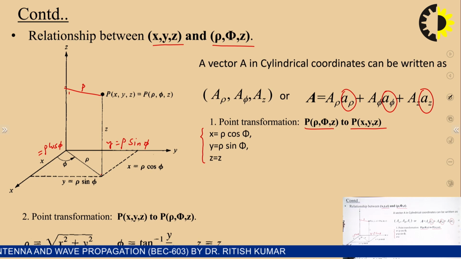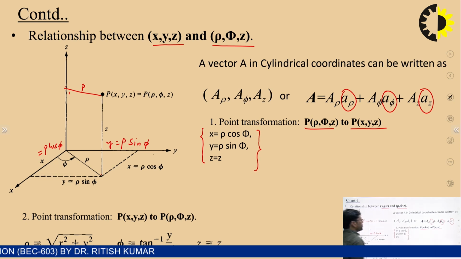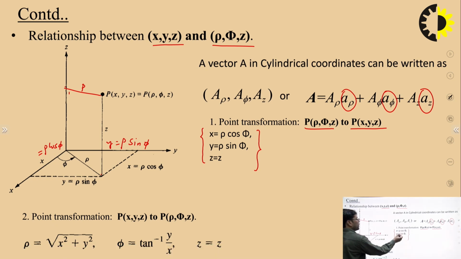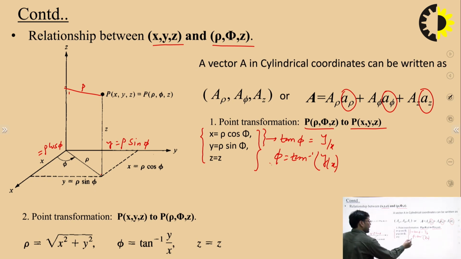And from these transformations we can find the angle phi. If I take the ratio of y by x, then from these 2 equations we have tan phi is equal to y by x, and phi is equal to tan inverse of y by x. This is the azimuthal angle formula.